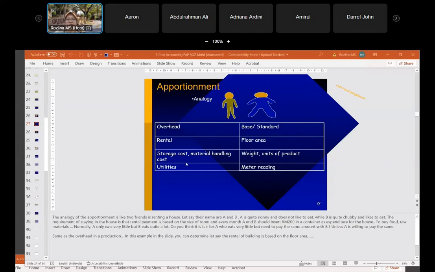Storage cost or material handling cost is based on weight or units of product. And utilities are based on the meter reading.